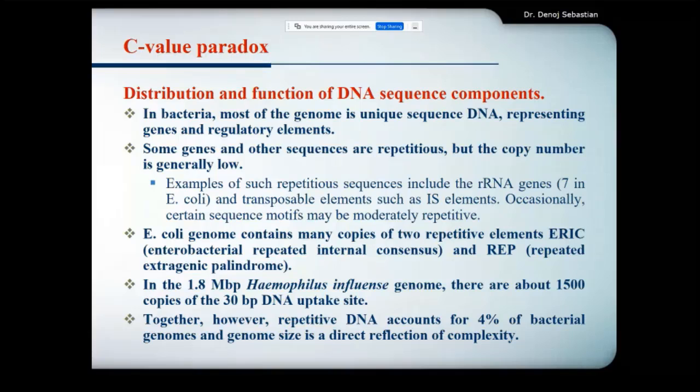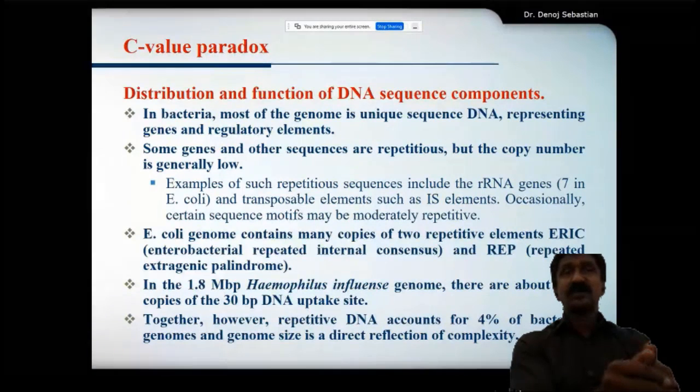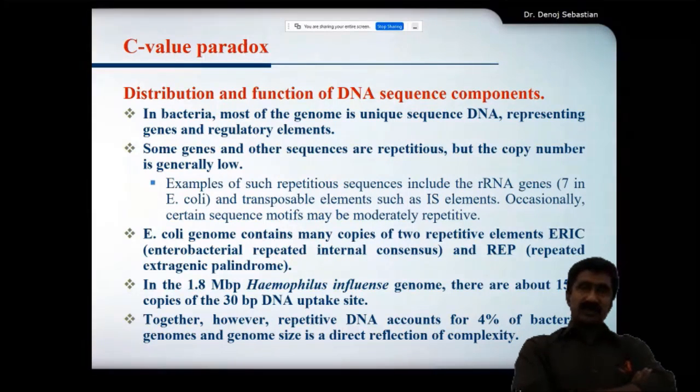There are some, but only very few compared to eukaryotic systems. Examples are functional genes like rRNA genes, or in E. coli, the ERIC and REP sequences, which are used for phylogenetic analysis and studies of E. coli. ERIC and REP based PCR is used for identification of E. coli species.